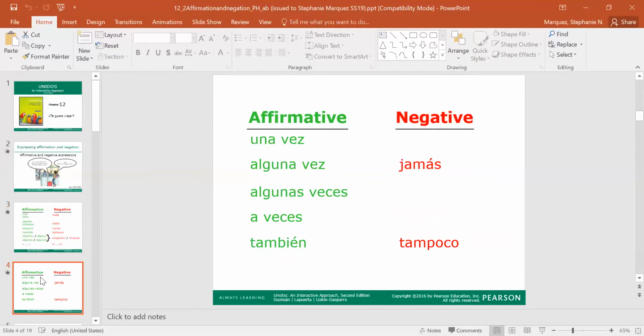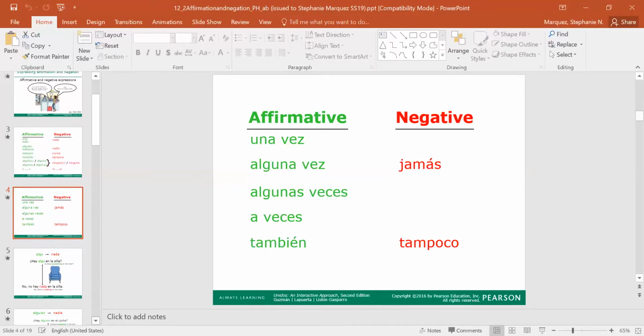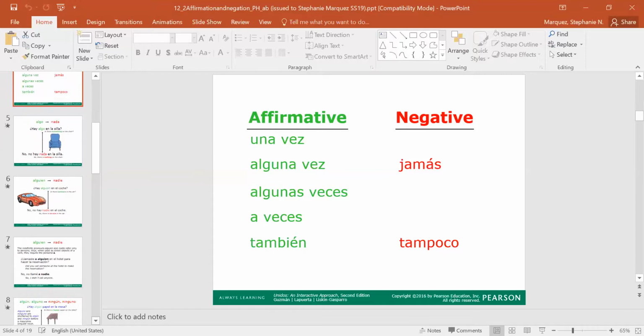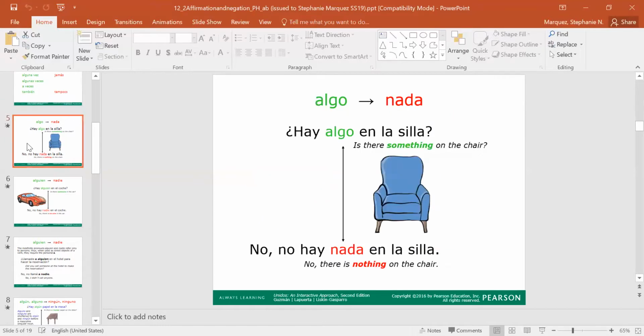Then we have some more lists of affirmative and negative words. So they categorize them for you with affirmative and negative, the affirmative being in the green, obviously the negative being in the red. And it's just a matter of knowing what those words mean. Couple of examples.